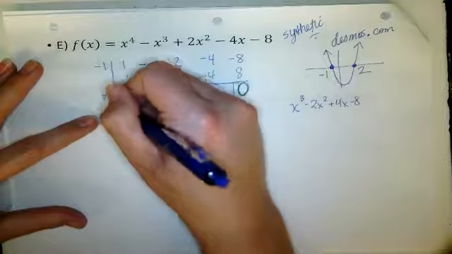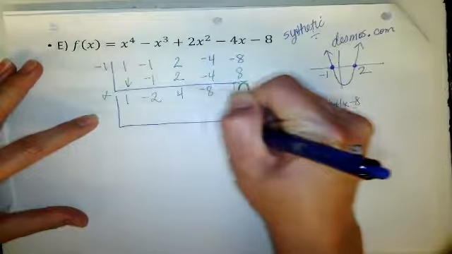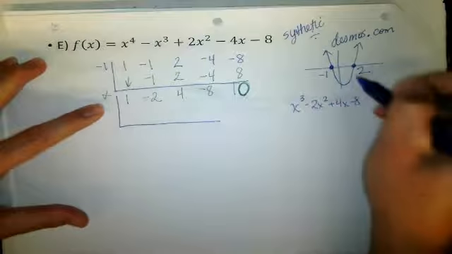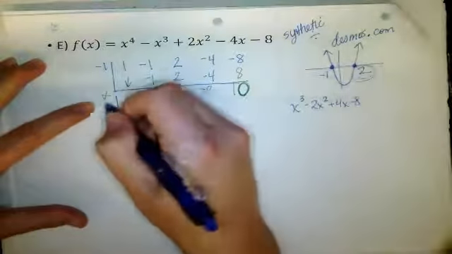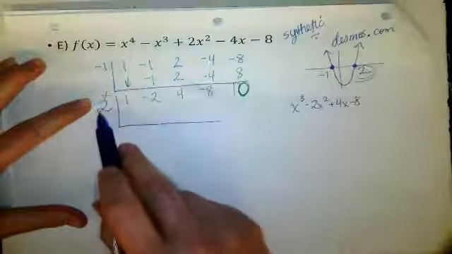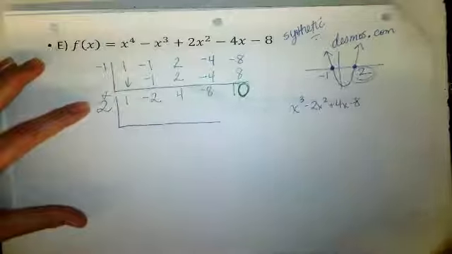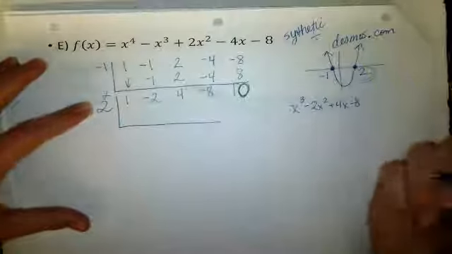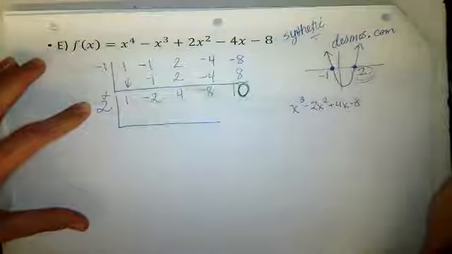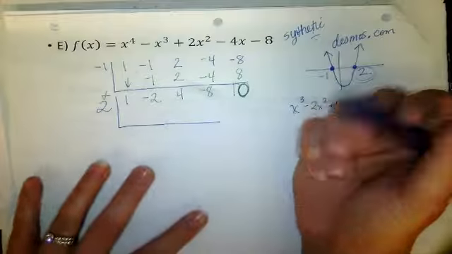So I'm going to do another one right off my quotient here. I'm going to use my other 0, my 2, and do synthetic division again instead of going through the whole GCF process, which is kind of cool.